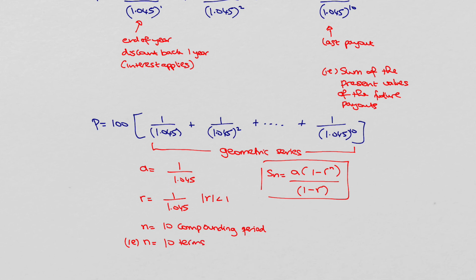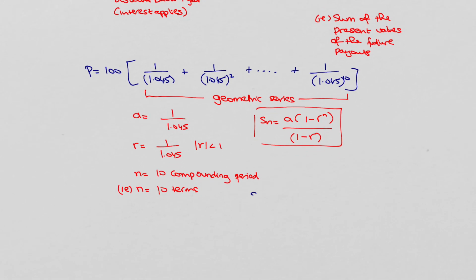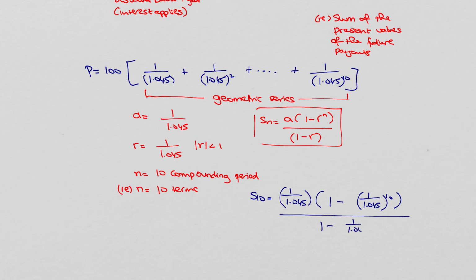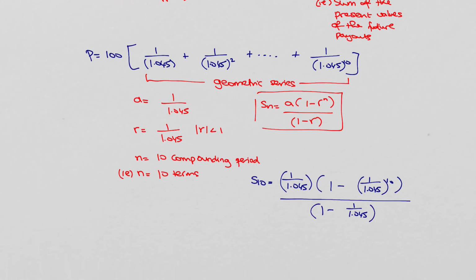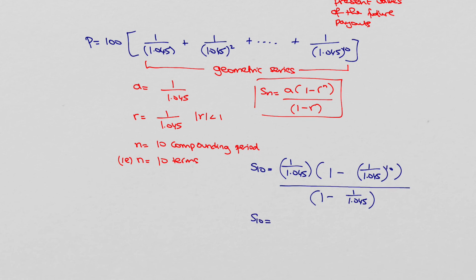So subbing my values in, that means the sum of the first 10 terms is going to be 1 over 1.045 times 1 minus 1 over 1.045 to the power of 10, all over 1 minus 1 over 1.045. So again, making sure you're subbing that into your calculators very carefully. So that gives us 7.912718177.